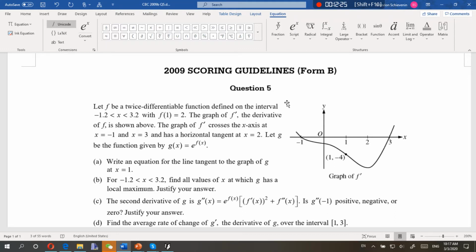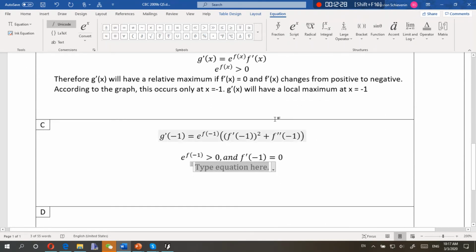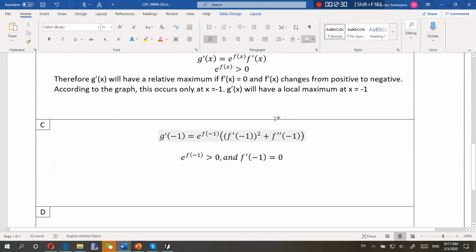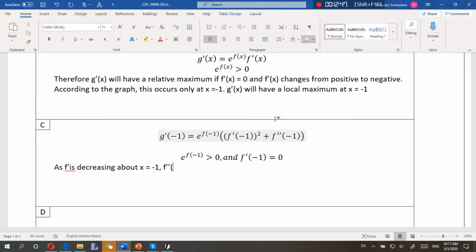Okay, so I'm going to write something like, f prime is decreasing about x equals -1. The second derivative of f at -1 is negative.